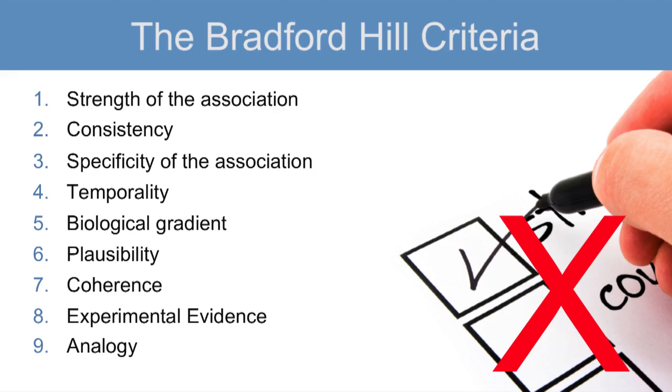Hill stated in 1965, quote, "What I do not believe, and this has been suggested, is that we can usefully lay down some hard and fast rules of evidence that must be obeyed before we can accept cause and effect. None of my 9 viewpoints can bring indisputable evidence for or against the cause and effect hypotheses, and none can be required as sine qua non.